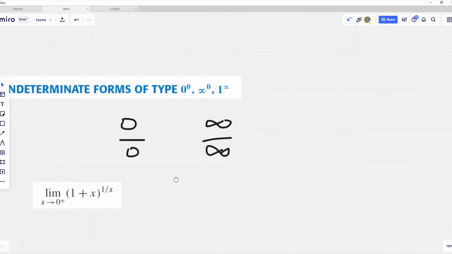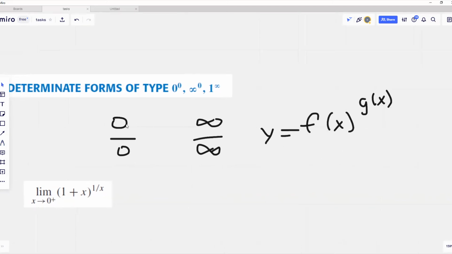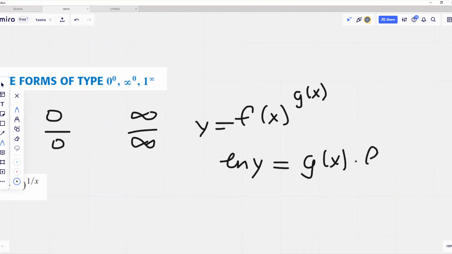Now, one suggestion would be, for instance, if we have f of x to the power of g of x, let's call this y. Then to bring this into the form of 0 over 0 or infinity over infinity, we should try to take a ln from both sides. So we'll have g of x multiplied by ln of f of x.